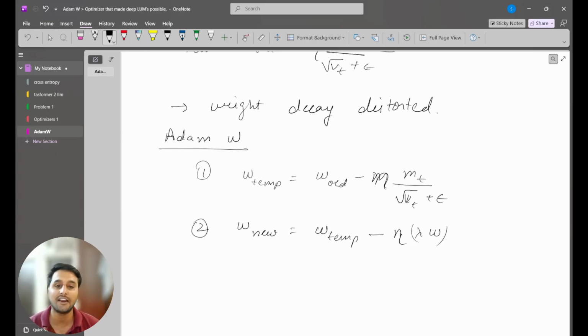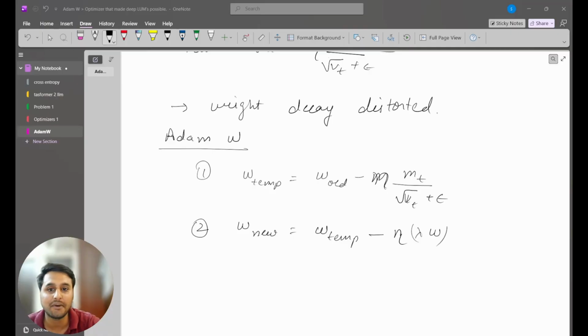This is the real life example we can connect with AdamW, and that is it. Nothing complex in AdamW, but it has a massive impact. Weight decay is no longer touching the adaptive mechanism, the division by VT, the second moment. It works exactly as intended. This is the AdamW optimizer.